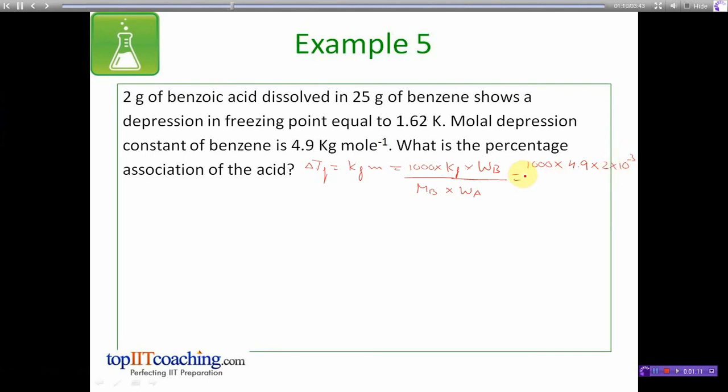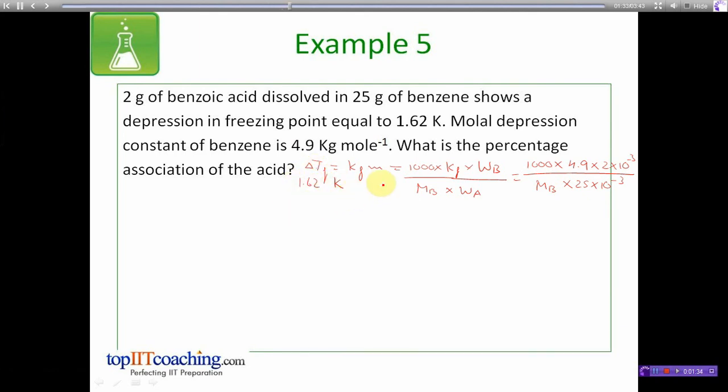Wb is the weight of the solute, that is 2 grams, or 2 into 10 raised to minus 3 kilograms, divided by Mb into Wa, that is the weight of the solvent, which is 25 grams, or 25 into 10 raised to minus 3 kgs.